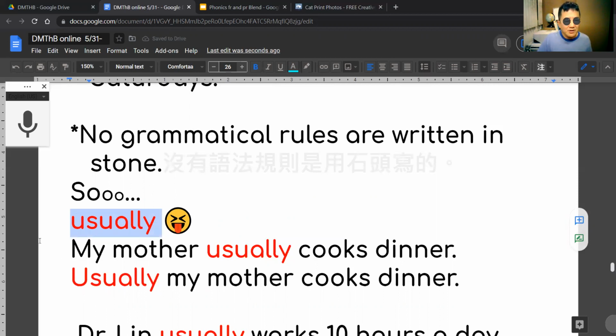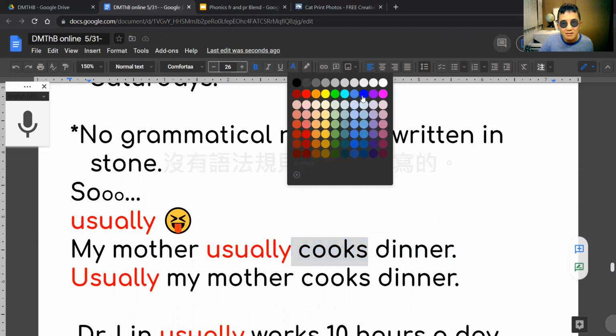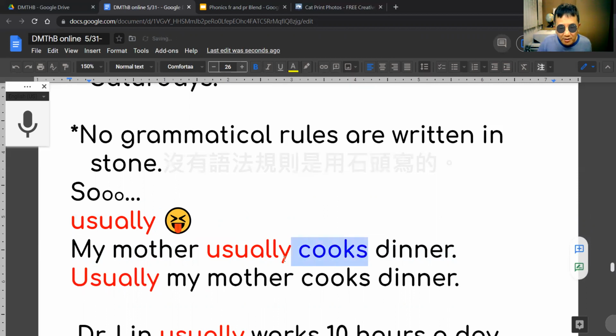All right, so we talked about this example already, right? My mother usually cooks dinner. Here is the common verb, and here's the adverb of frequency, usually, and it's right here being a nice boy. But you see, usually it's a little bit naughty.